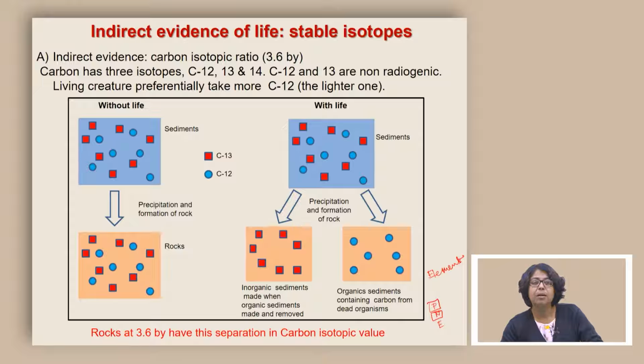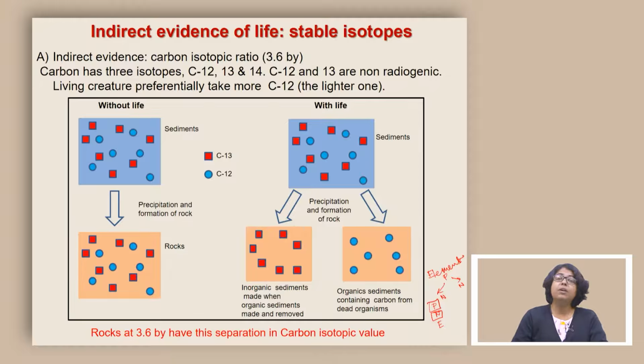The isotopes of the same element can be of different mass. So, the proton number remains the same, but the neutron number can be different, and therefore the mass number would be changing, and these are the types which we call isotopes.